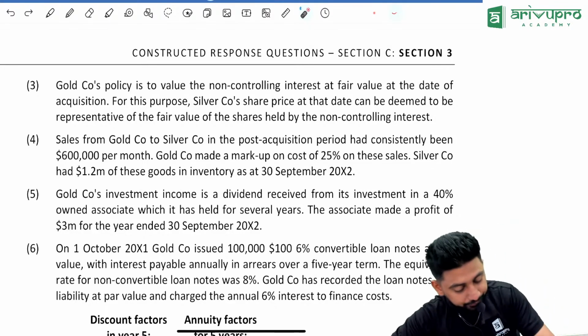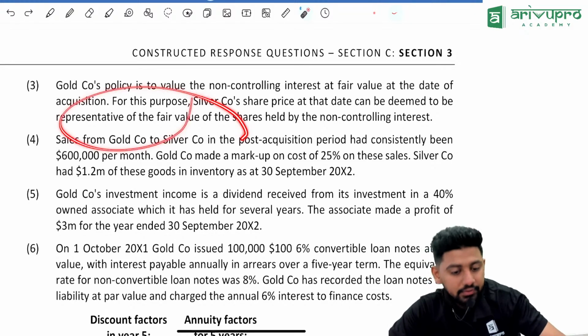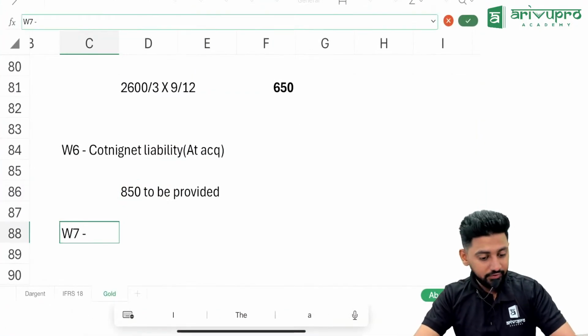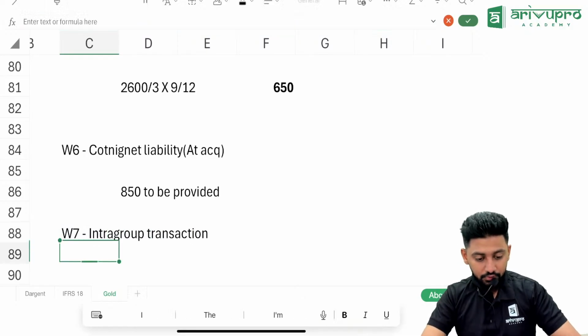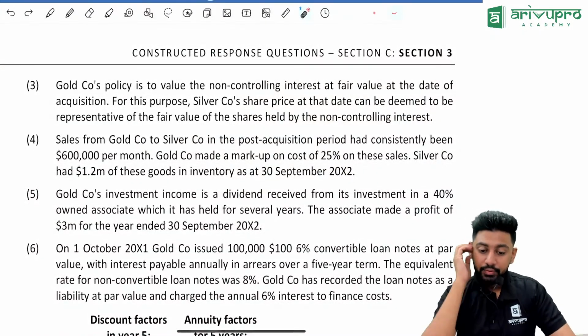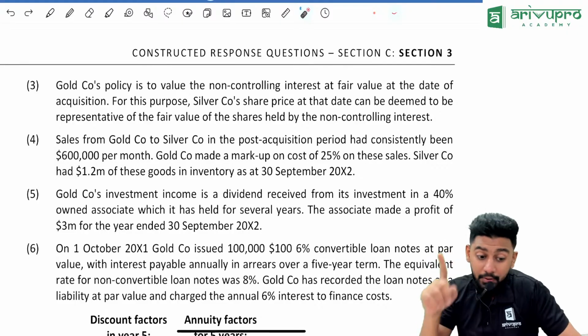Okay, going forward. Sales from Gold to Silver. Gold is the parent, so Gold is selling to Silver. Working number 7, intergroup transaction. Sales from Gold to Silver in the post-acquisition period had been consistently 600,000 per month.